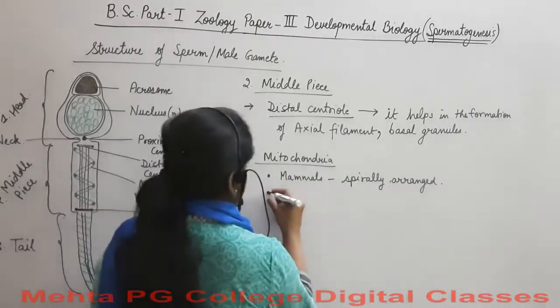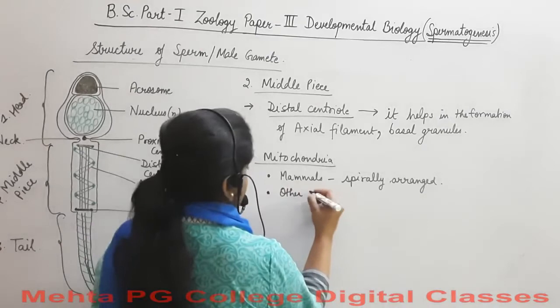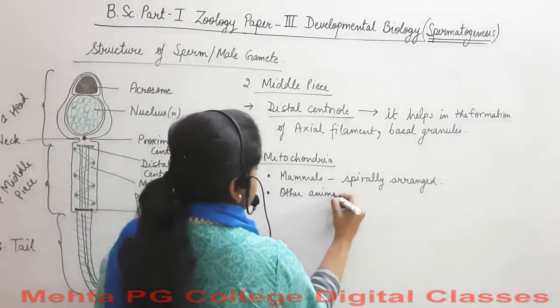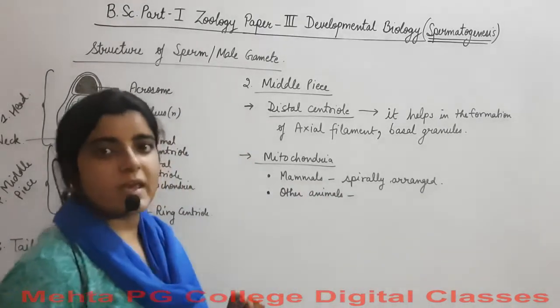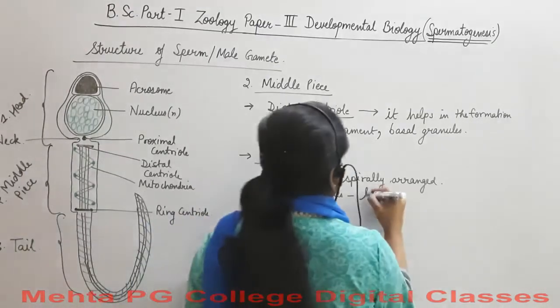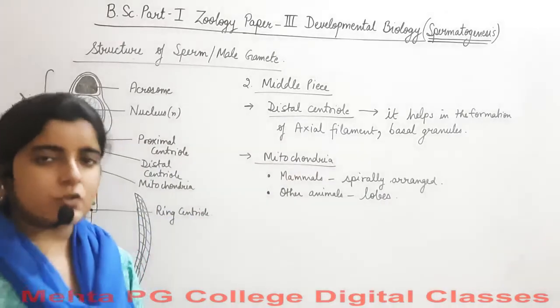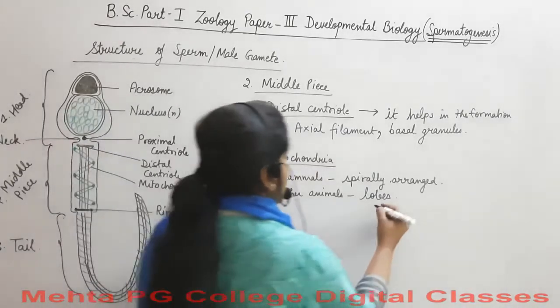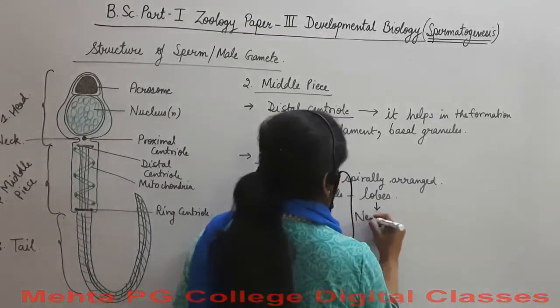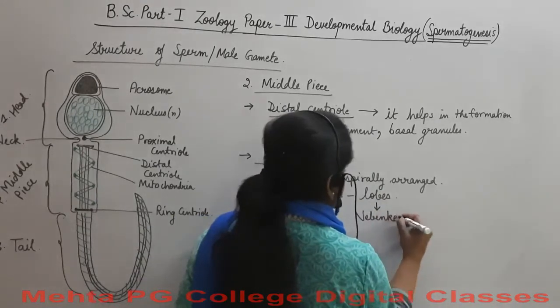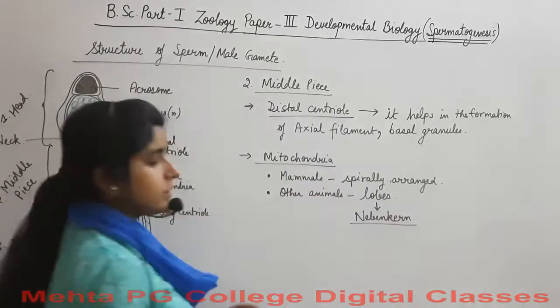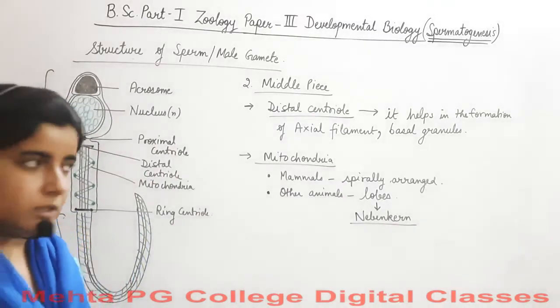But in other animals, the mitochondria are arranged as lobes, and this structure of mitochondria is called Nebenkern.